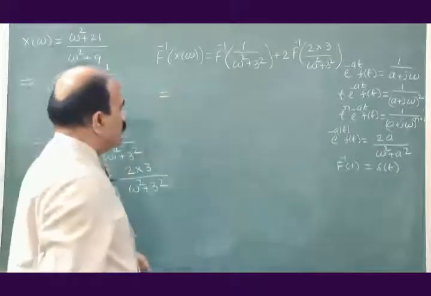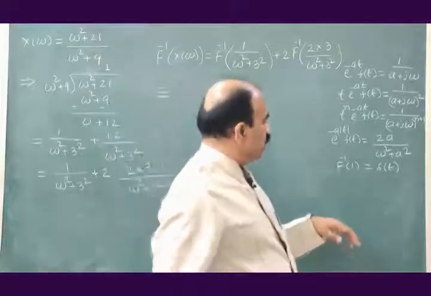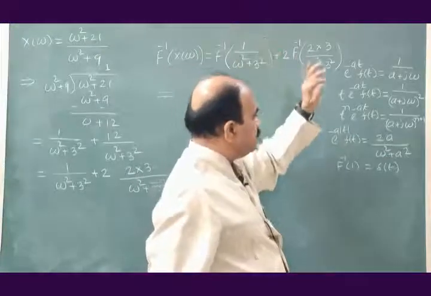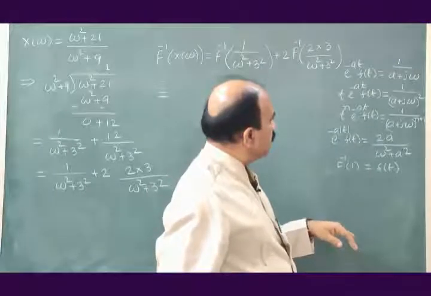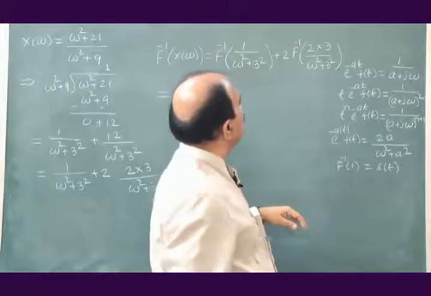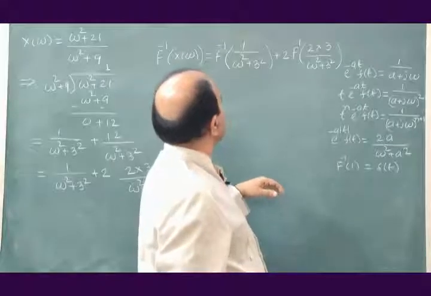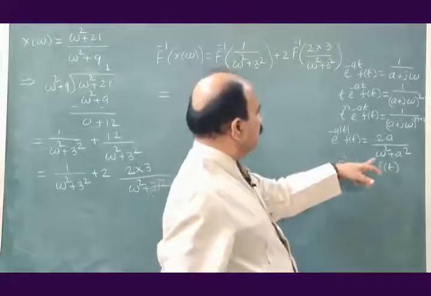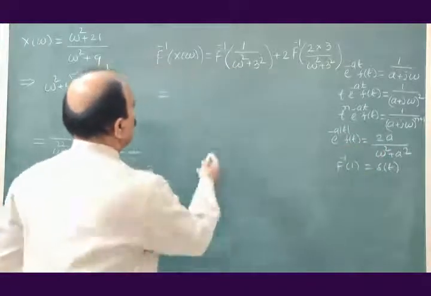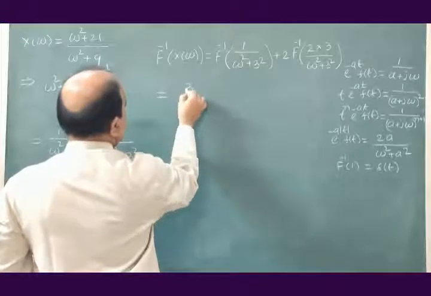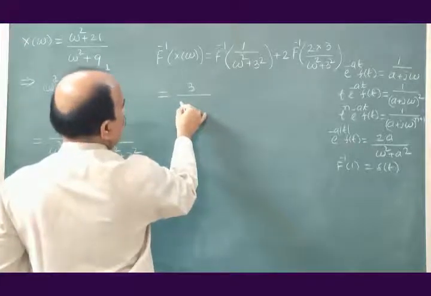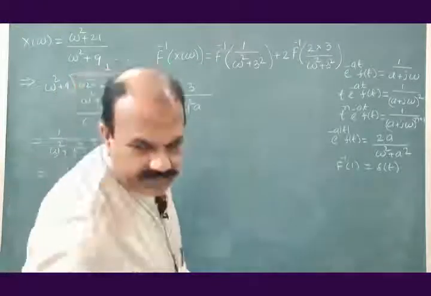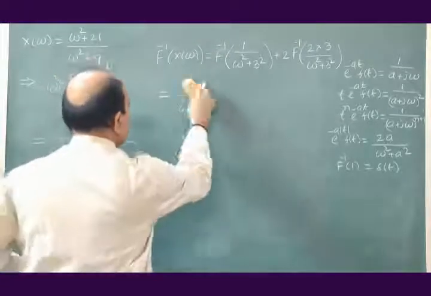This is equal to, when numerator is 1, the equation will be, no, we have to go for this, 2 is not there. So this will be 3 divided by omega square. Sorry. For this, what I have to do?